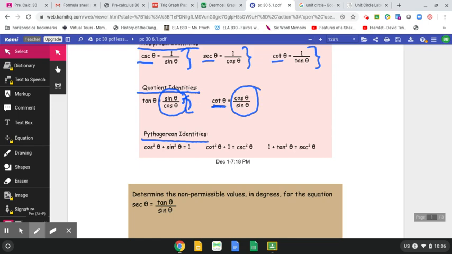And 1 plus tangent squared theta equals secant squared theta. You're not going to see those in action so much in this video, but in the second half of 6.1, the second video, you will quite a bit. So you probably could pick up that there's going to be 2 videos.